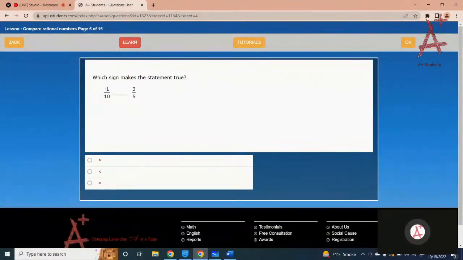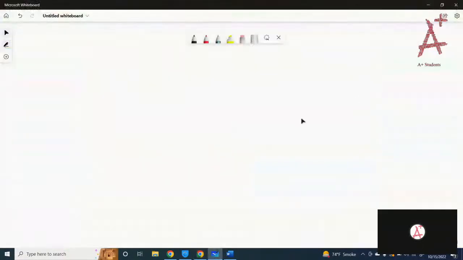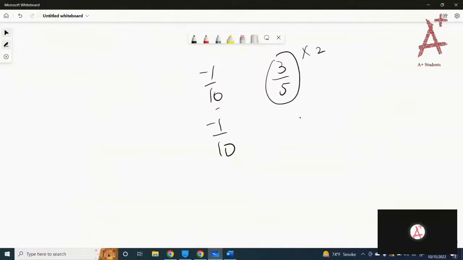Okay, negative 1 by 10 and 3 by 5. So first you have to make their denominator the same. Here you have 10. So you need to multiply this fraction by 2. 3 times 2 is 6 and 5 times 2 is 10.